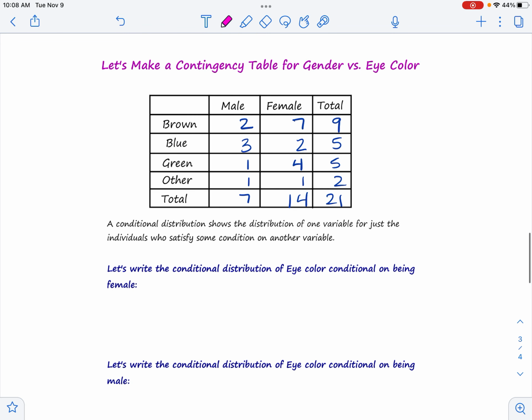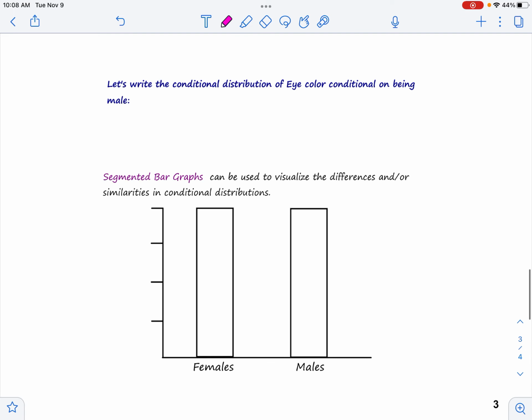Now, we have some more conditional probability here, and I'm going to skip over these questions and let you do those for yourself. But what I do want to get to is creating a segmented bar graph. A segmented bar graph is a way that we can record data in a graph form, and we can break it up based on different categories.